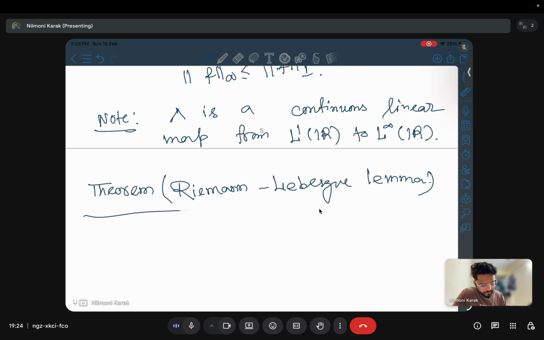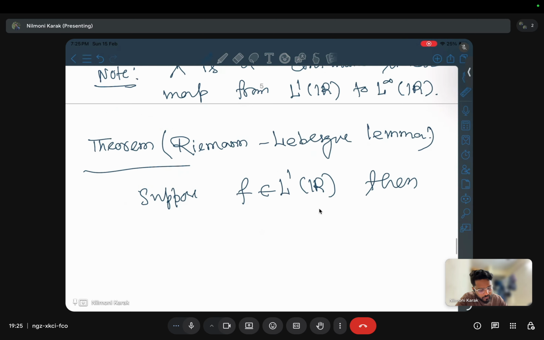Suppose f is in L1(R), then f hat(xi) tends to 0 as xi tends to plus or minus infinity.